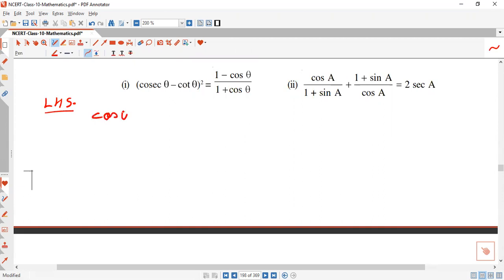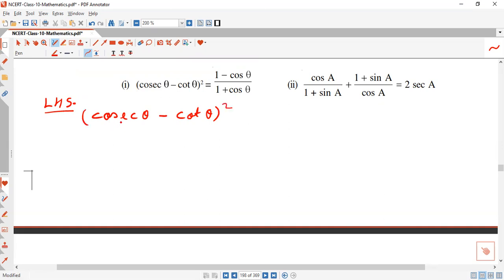Cos of theta, cosec theta, we say (cosec theta minus cot theta) whole square.